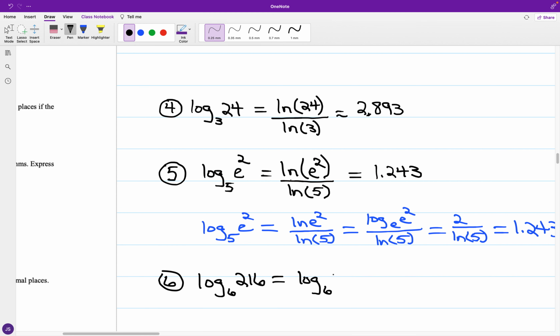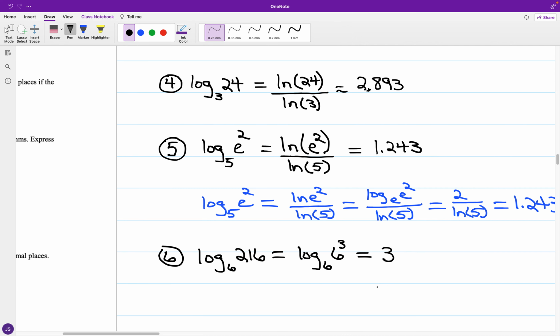So here we'll have the base 6 logarithm of 6 to the third power. And guess what? With the matching bases, exponential and logarithmic, this will reduce to the raised power that we originally had. In this case, this is going to be 3.